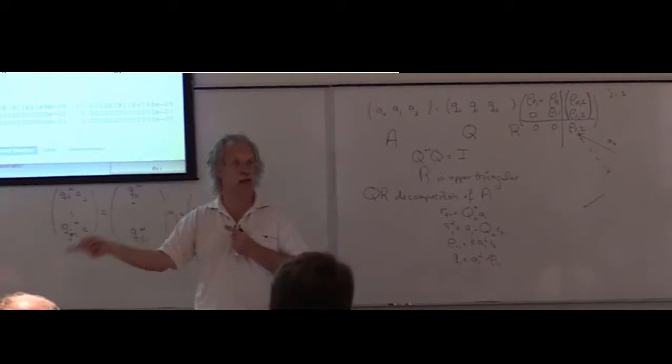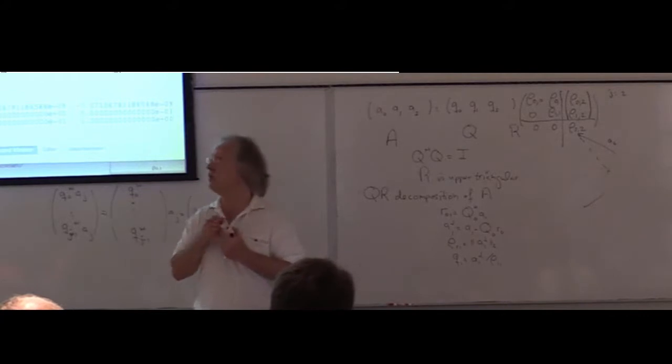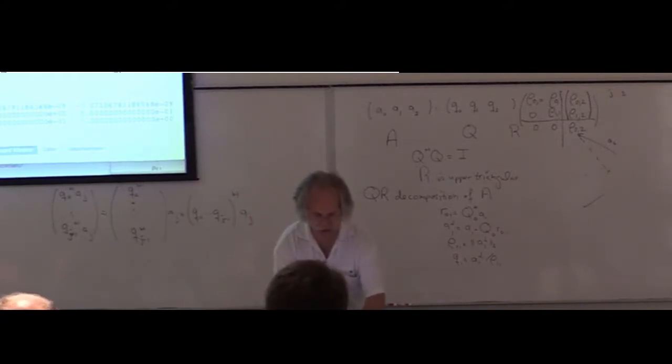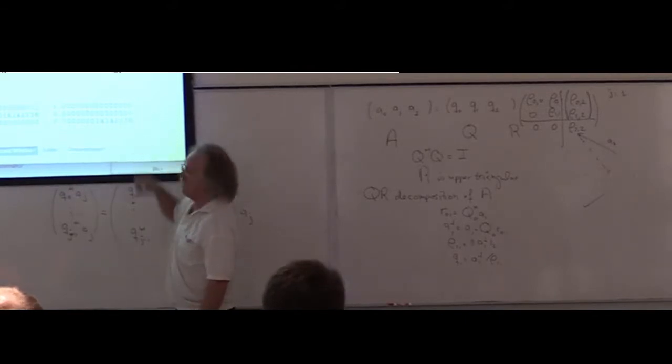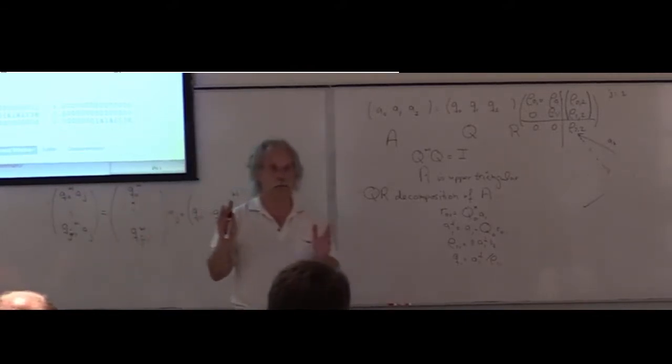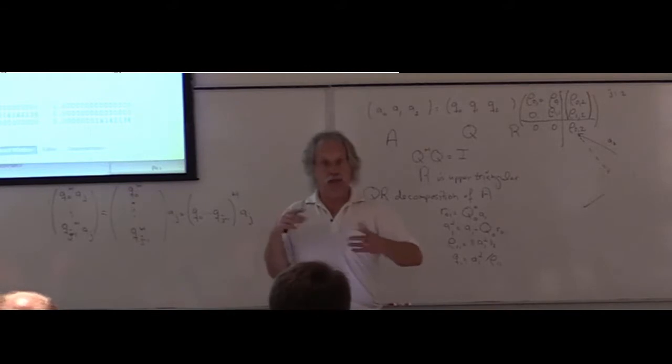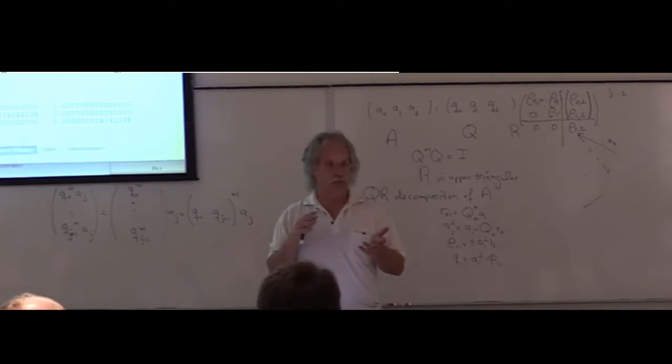In particular, it destroys your orthogonality. The fact that you end up with very short vectors is okay, because the values in R over here are very, very small, and that's okay. But it destroys the orthogonality.